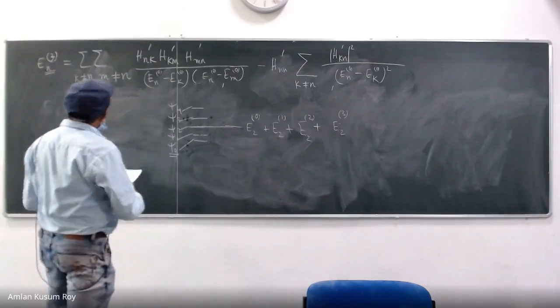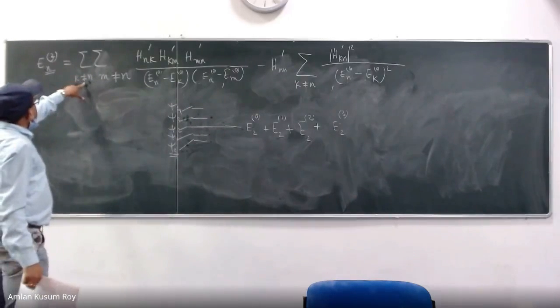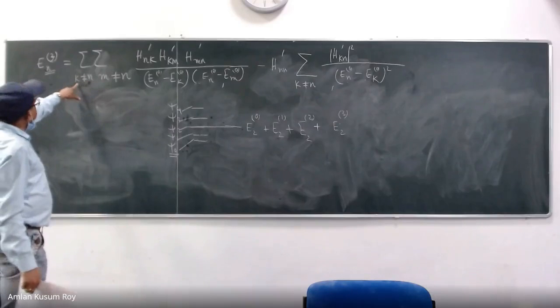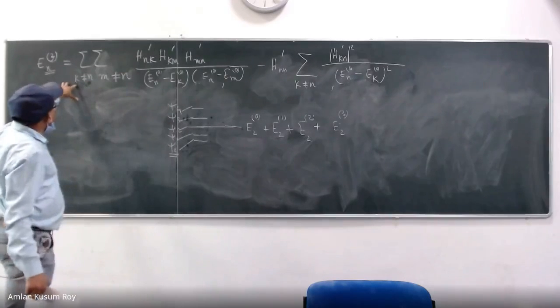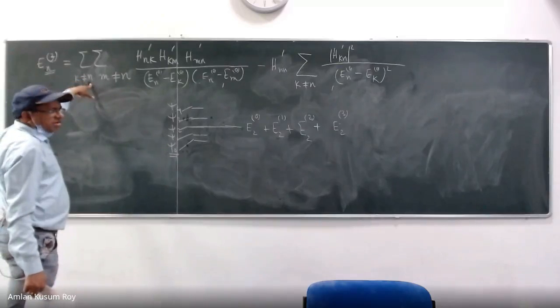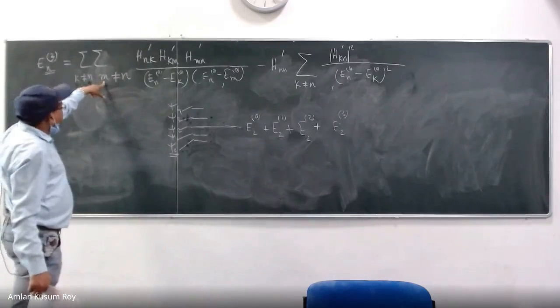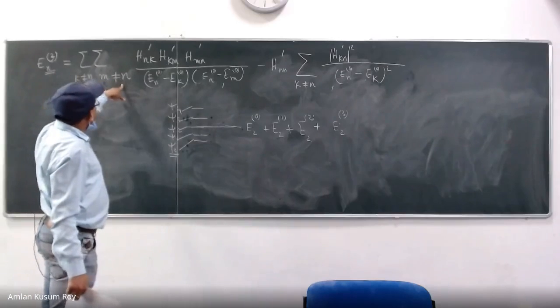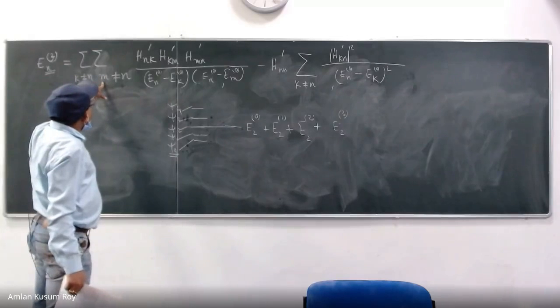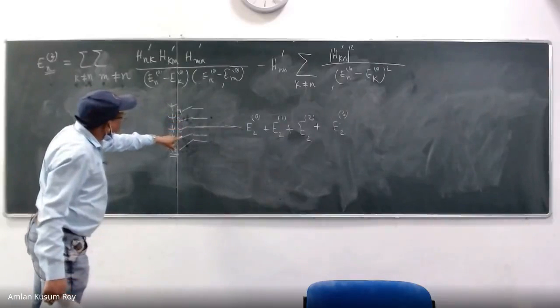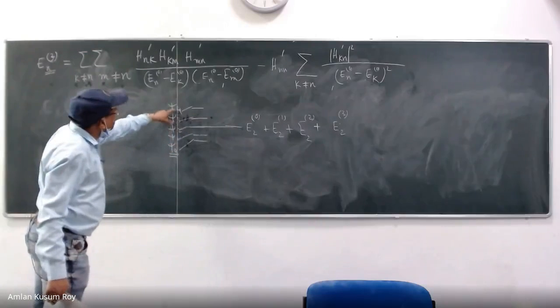Now, what is my k? k not equal to n. That means k can take all the values if I take 0, 1, 2, 3, 4 for the index, except 2. It's very simple. Then your m is also taking all the values except 2. So what are those m's here? That I'm not getting. The m's, sir, are the state index, 0, 1, 2, 3, 4, right?